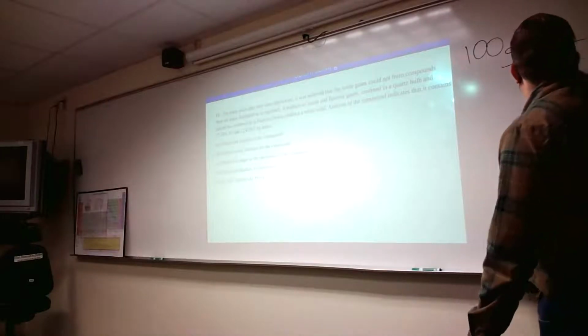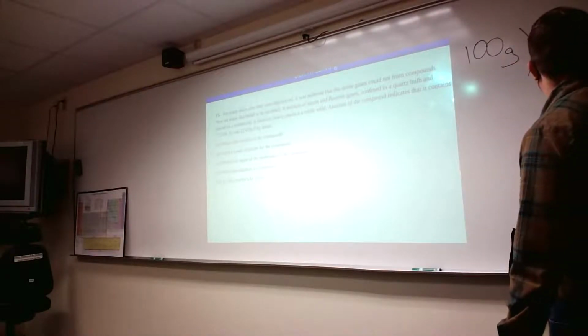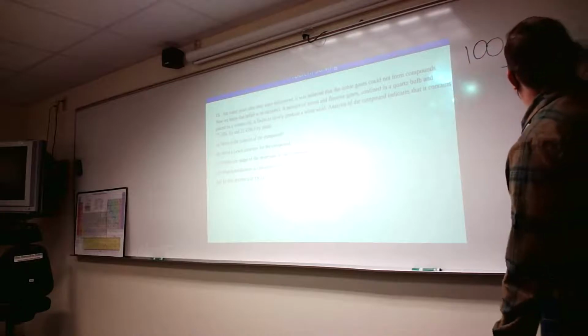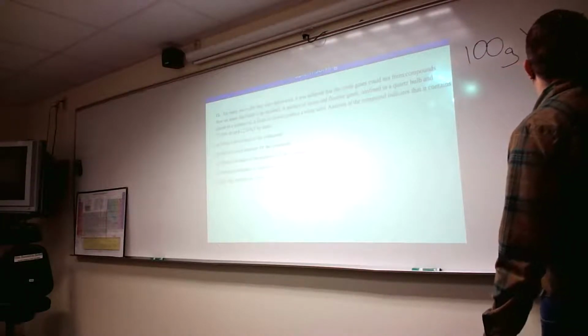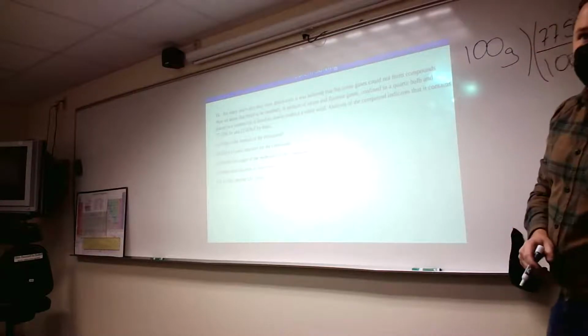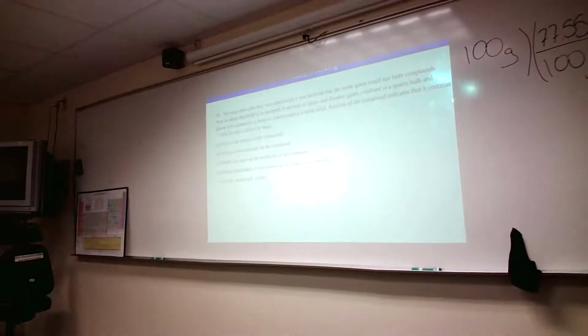Well, for every 100 grams of that compound, I know 77.55 grams of that are xenon. And once I know how many grams of xenon I have, I can get to moles of xenon if I have a periodic table, right?